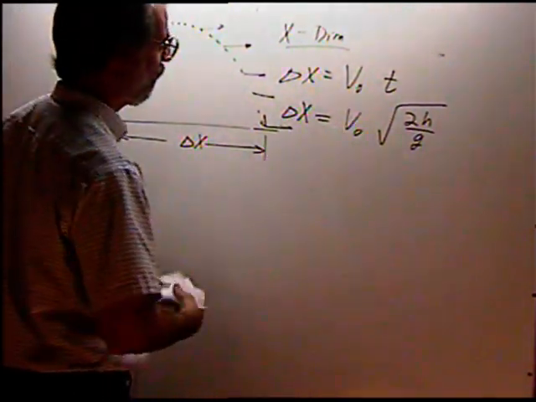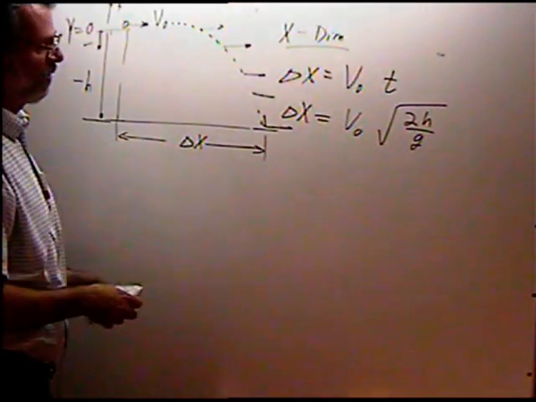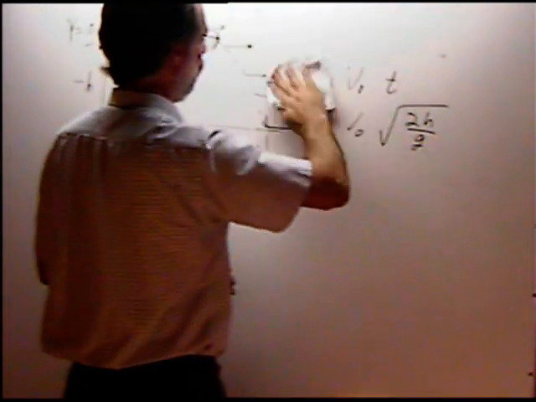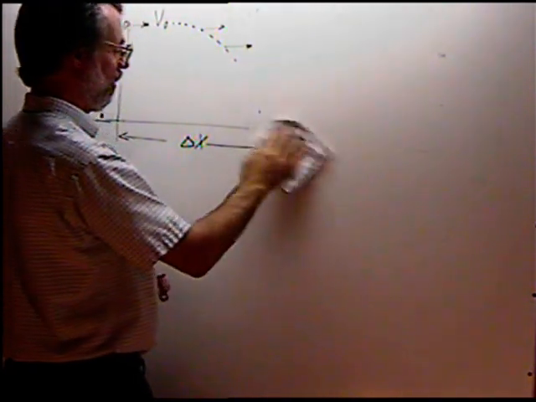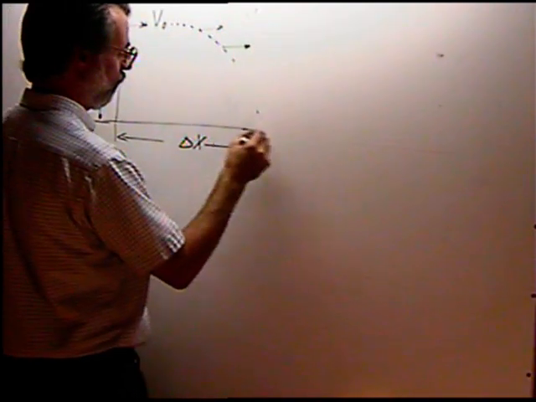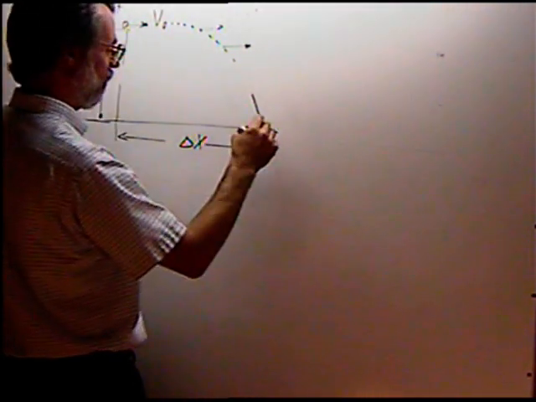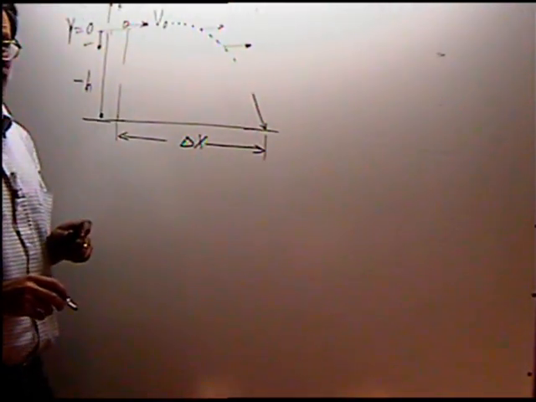Okay, notice that all this is true. That's this. But suppose the problem said, this is a little bit harder problem I'm going to give you here. Suppose we wanted to say, when this lands, what is this final velocity?